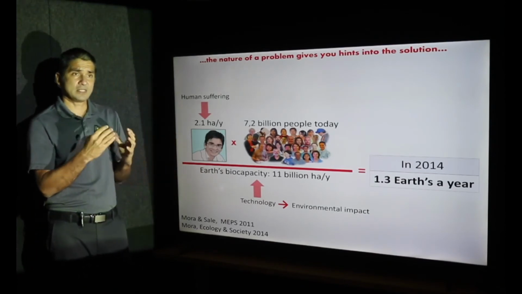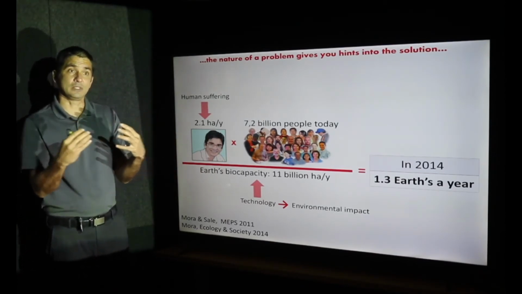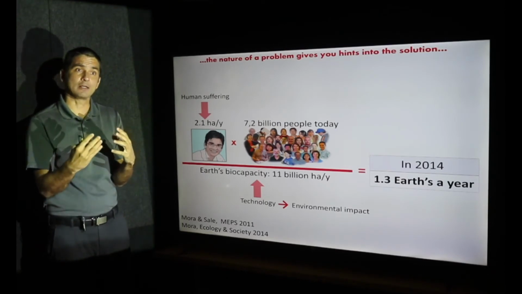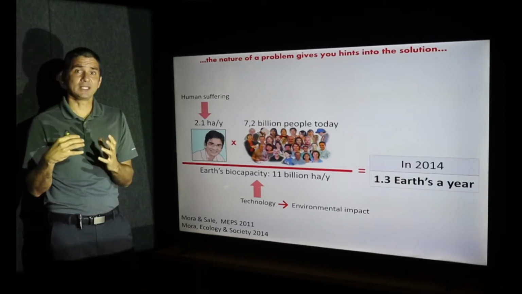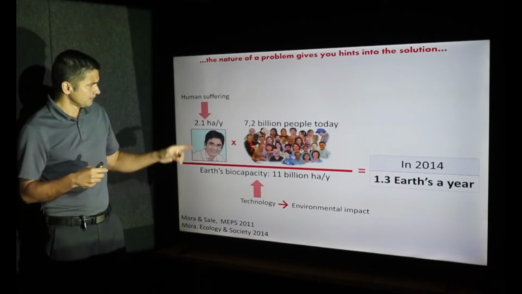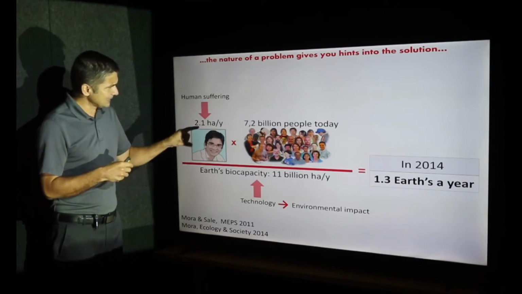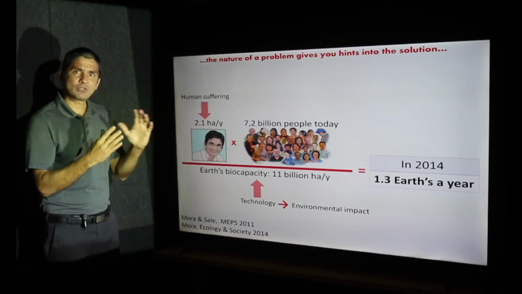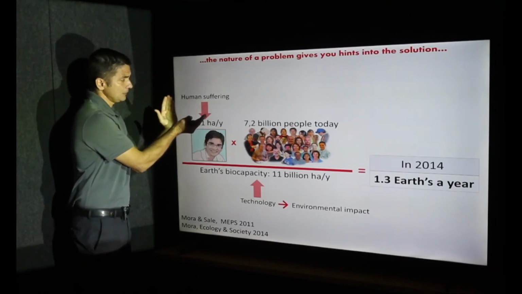Again, one of the ways that has been suggested to increase the capacity of the planet to produce more is through expansion and intensification of agriculture, but we already know that with available technologies, normally the environmental impact is huge as well. So you can see from the mathematical equation here that the solutions are actually very limited. Again, if we reduce consumption, you're going to lead to human suffering.